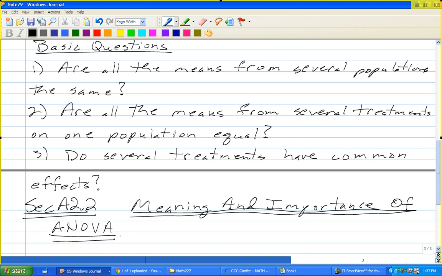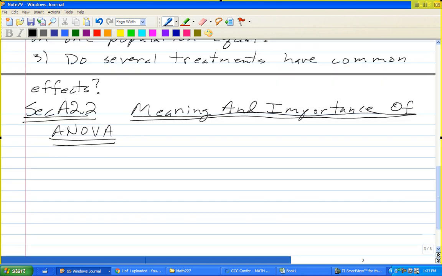Okay. So just recall the F distribution. Again, F for Fisher.